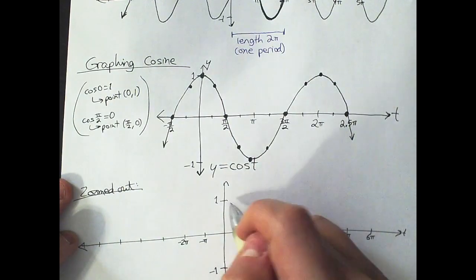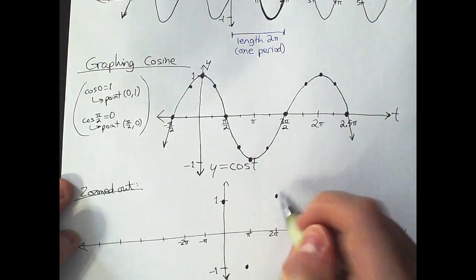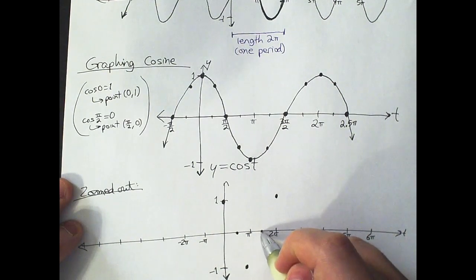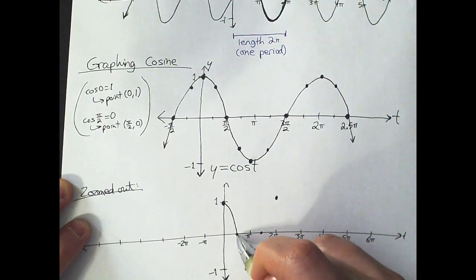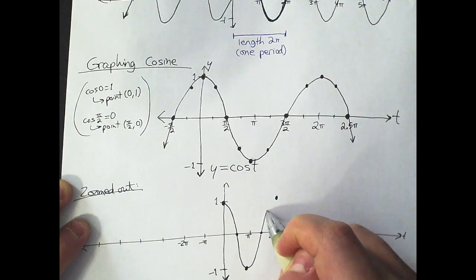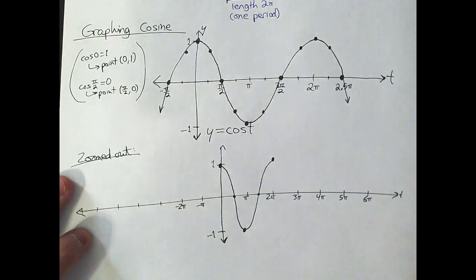So we have a point here, a point here, here, like this. That's everything from 0 to 2 pi.